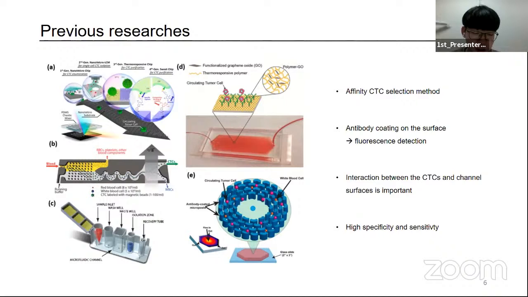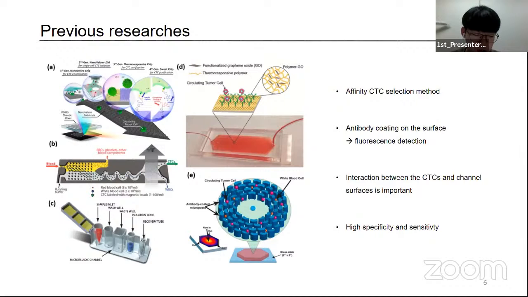Then the captured CTC samples can be stained with a fluorescence marker for detection or undergo genomic analysis. However, the application of traditional microfluidic channels is limited by the small surface area for ligating antibodies, thus resulting in a limited capture capacity.